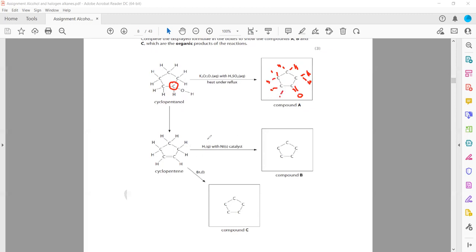Then this is hydrogenation, hydrogen added in the presence of nickel. So this is called hydrogenation, addition of hydrogen. As a result, the double bond will break and each carbon will have two hydrogens.